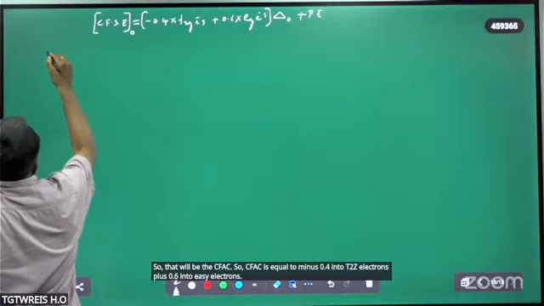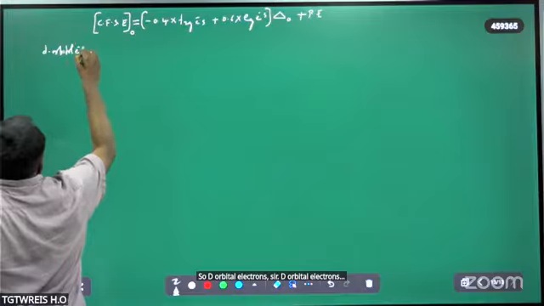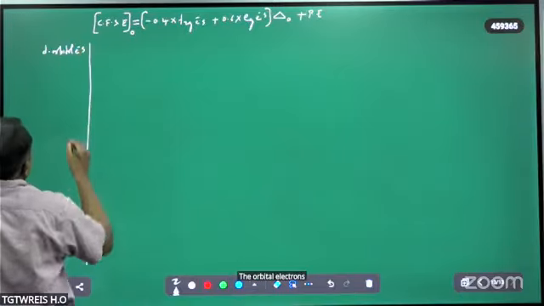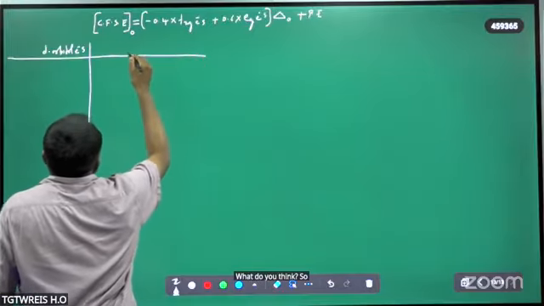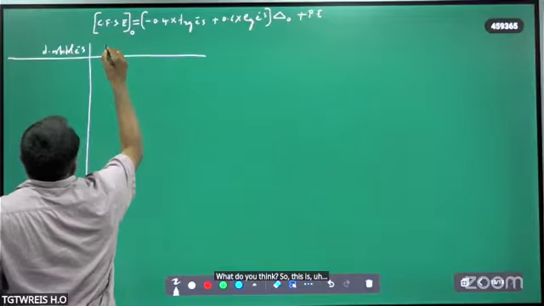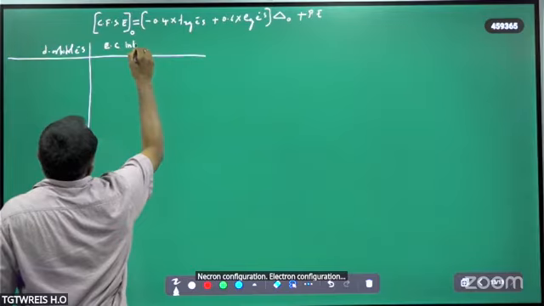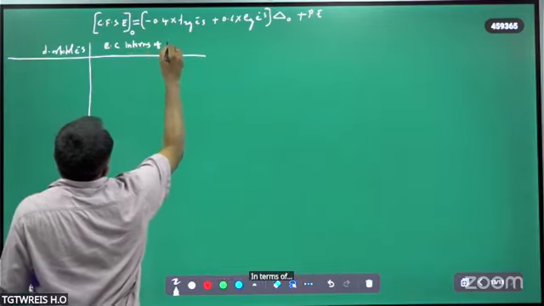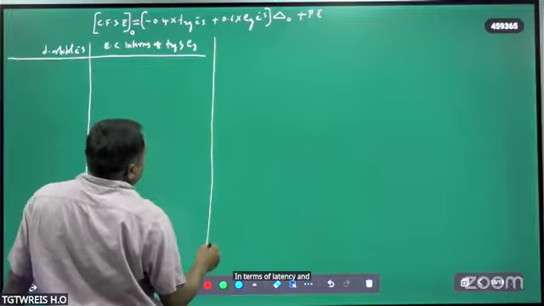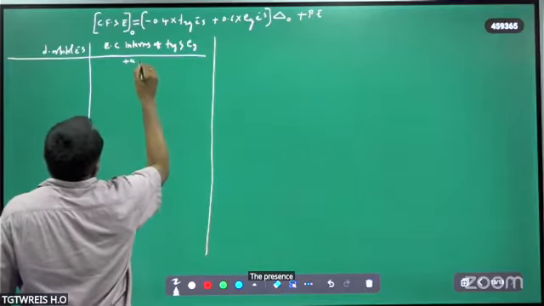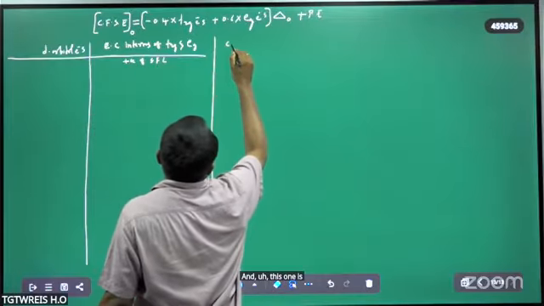Suppose the d orbital electrons from d1 to d10, the electron configuration in terms of t2g and eg in the presence of strong field ligands, and this one is the CFSE.